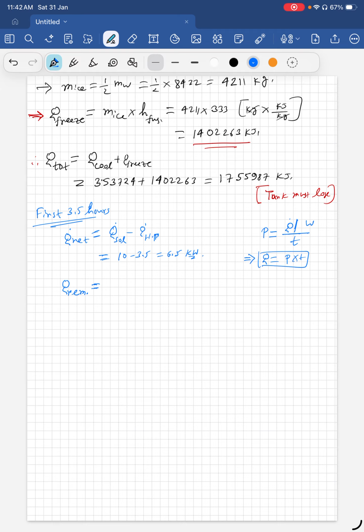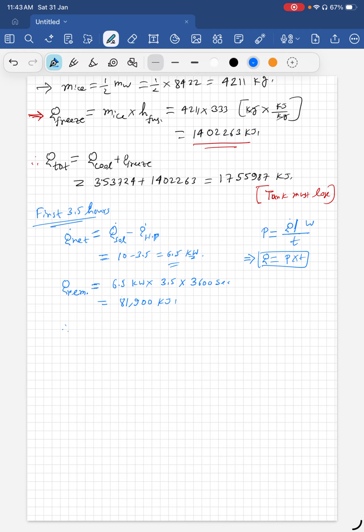So Q removed is 6.5 kilowatt and the time is 3.5 hours. And now if we calculate it in seconds, multiply with 3600 seconds, then it will be equal to 81,900 kilojoule. So this is the removed heat energy.